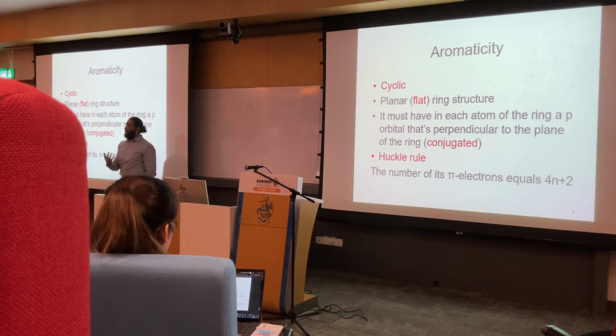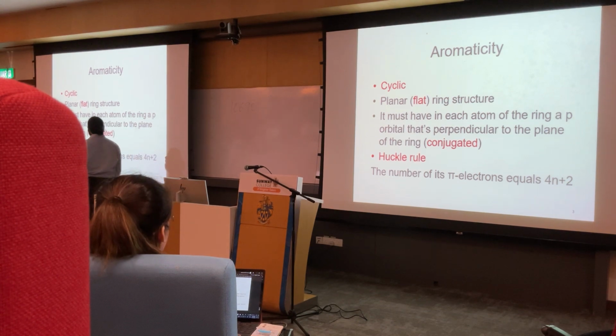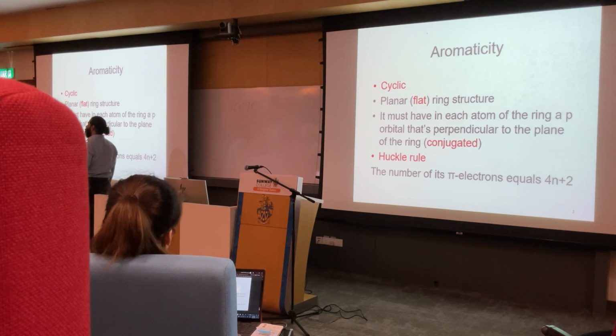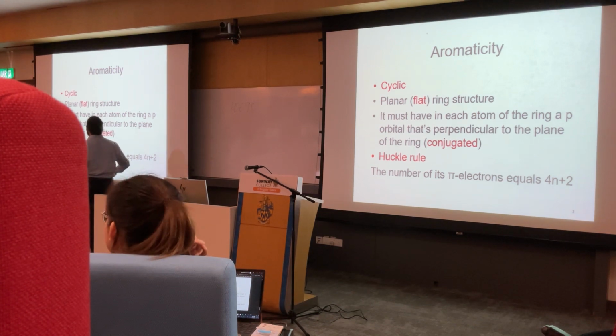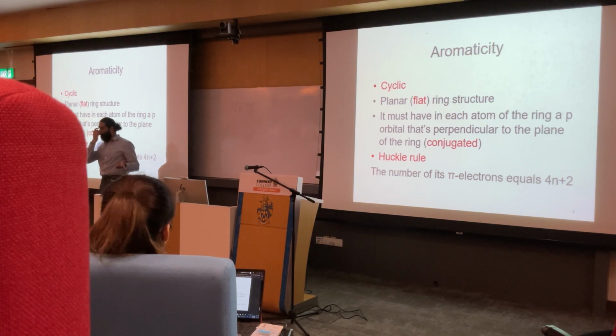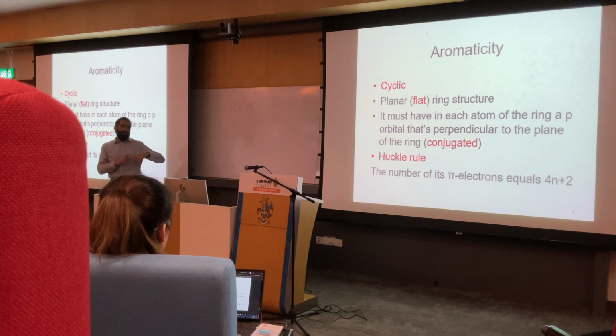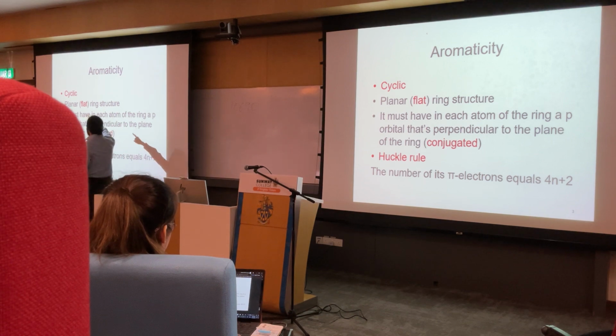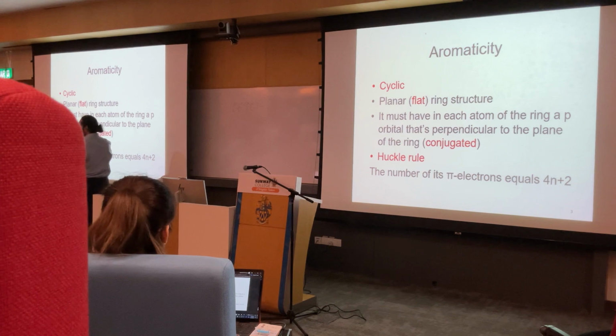The structure must be cyclic. The second thing is that the structure should not only be cyclic but also be planar. Remember, just now we were talking about the planar structure of alkynes and how alkenes are also somewhat planar, trigonal. So for a compound to be aromatic, the structure should also be planar.